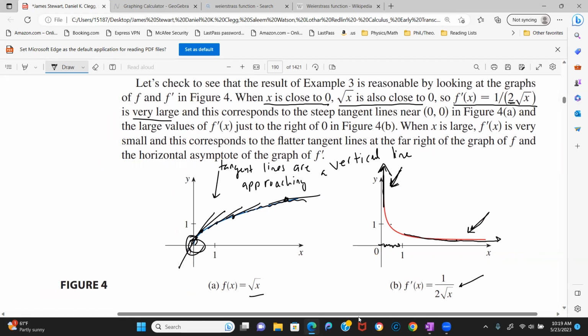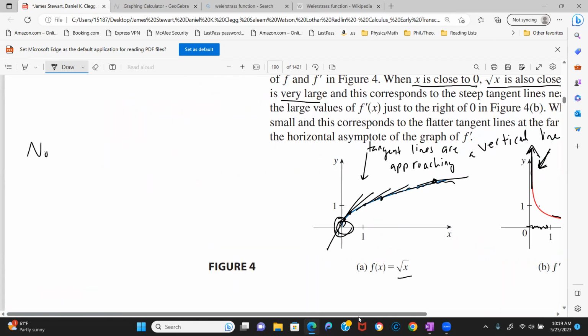So note, let me put this on the side. Let's be mathematicians and use notation to simplify our discussion. As x approaches 0 from the right, tangent lines are approaching a vertical line.